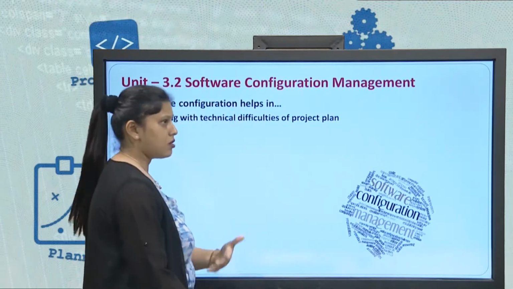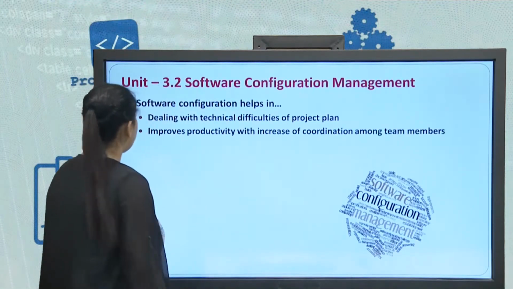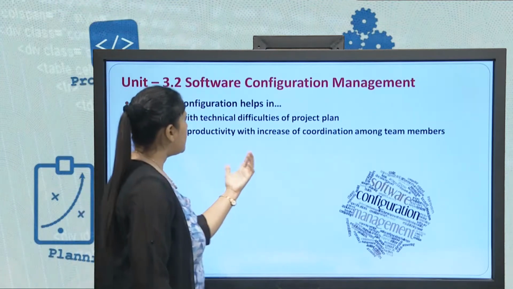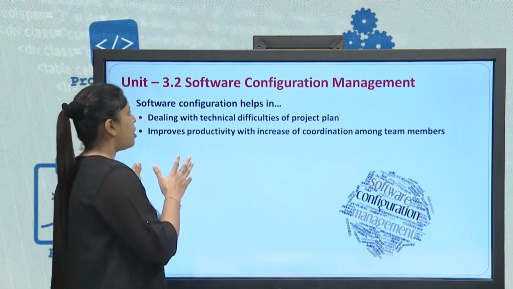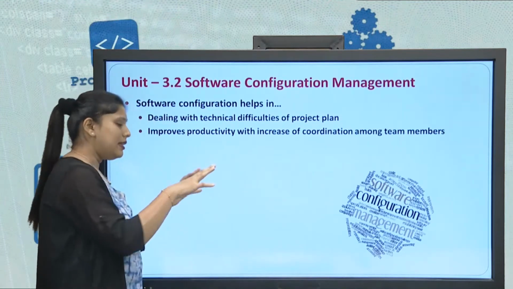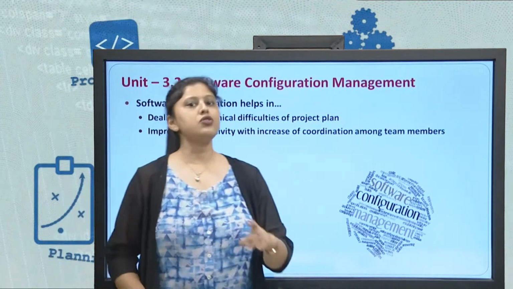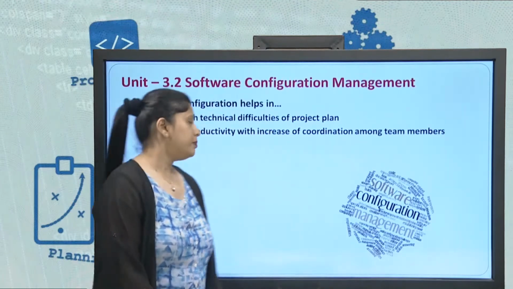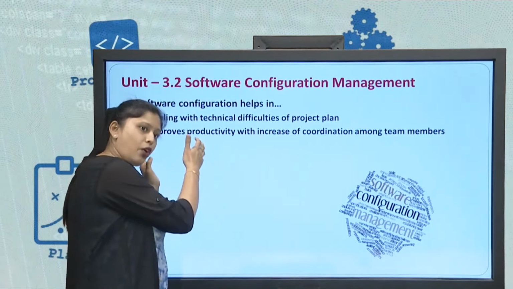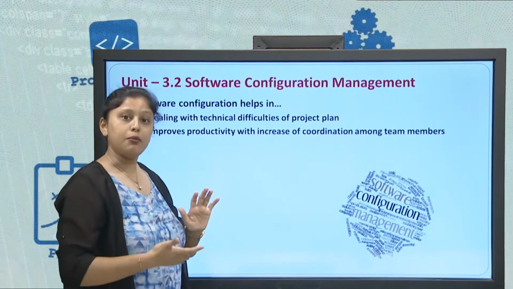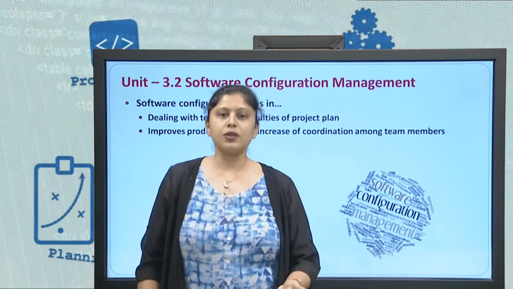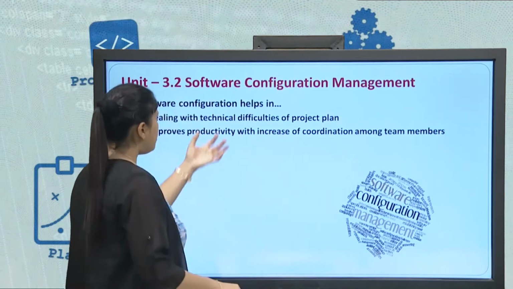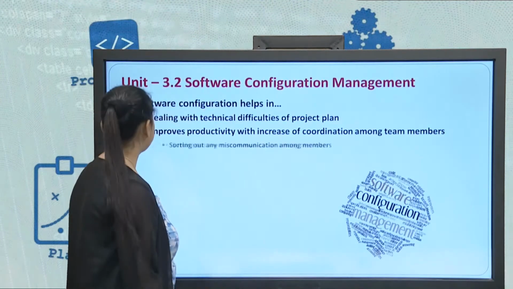Then it improves productivity with increased coordination among team members. Because of software configuration, the team members involved in software process development focus on more quality, improved productivity, and more efficiency with the software. So that can be brought with software configuration.